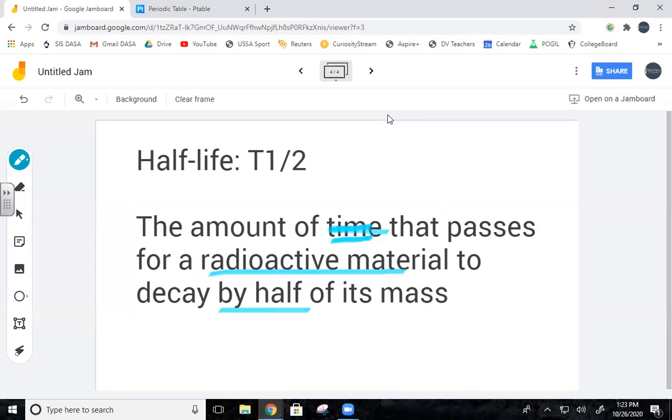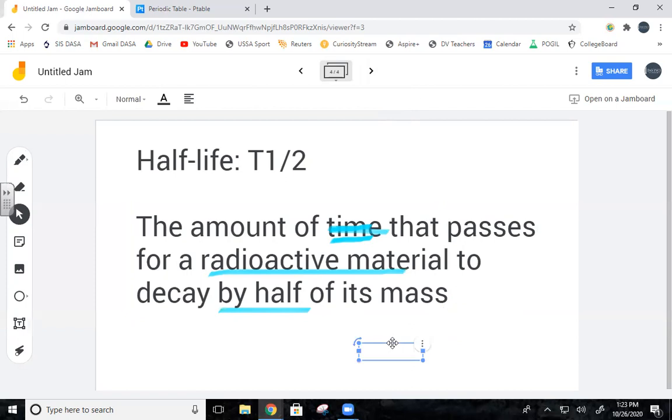Isn't there something in Chernobyl that has a 10 billion year half-life? Yes, there are. Like the elephant's foot or something?